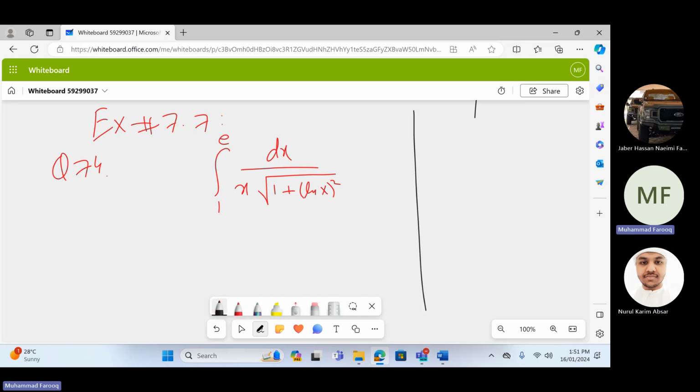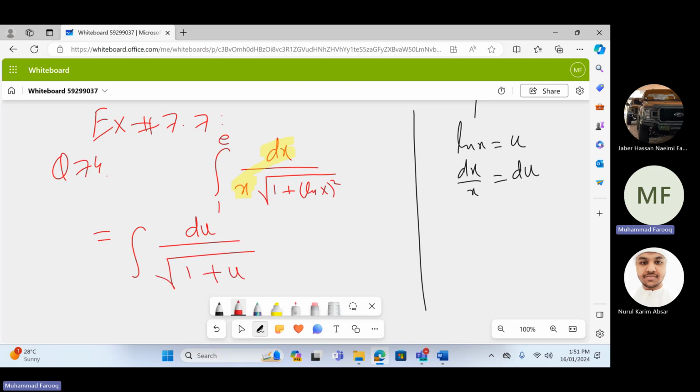What do I take as u? Yes, so ln x is equal to u. Then we have dx over x equal to du. Do you have dx over x in the question? Yes, dx over x is here. It means I can rewrite my question like that. So integrate, don't use limits now because it is u, du divided by the square root of 1 plus u squared, because my ln x is u.